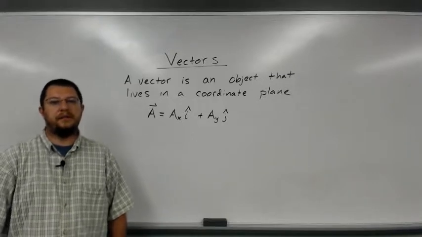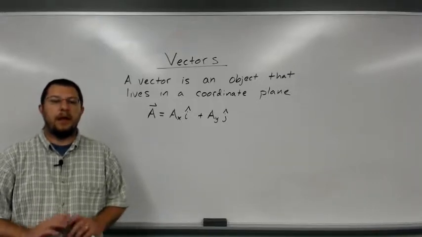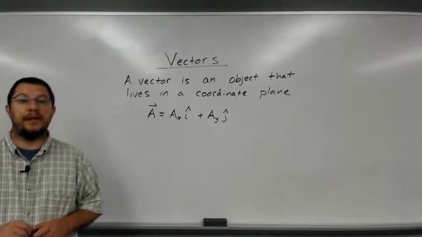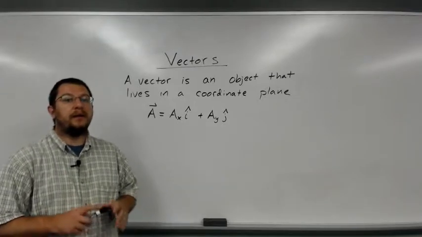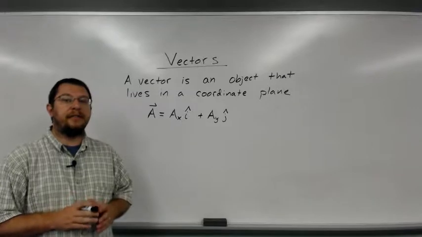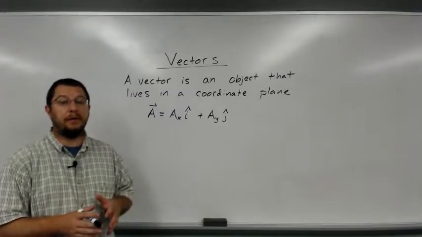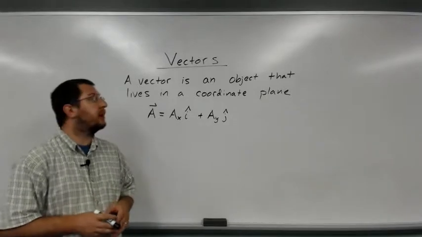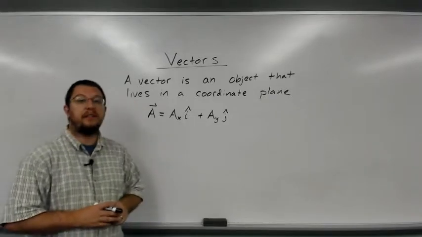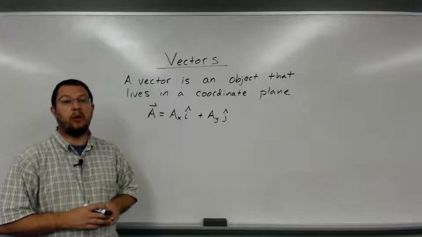We now need to discuss vectors, okay? And vectors are a very special class of objects in physics, but a very basic definition of a vector, we've already seen that it has magnitude and direction, okay? Another way to describe vectors is that a vector is an object that lives in a coordinate system.